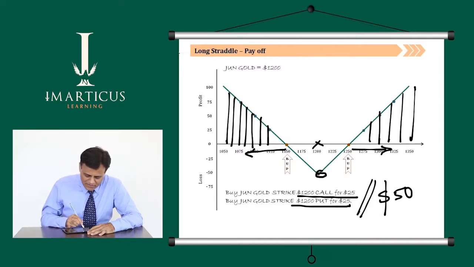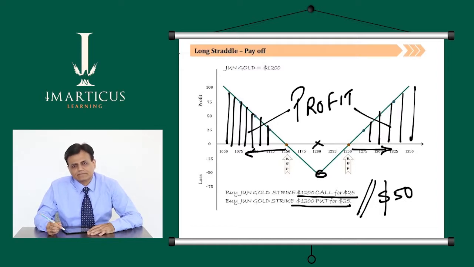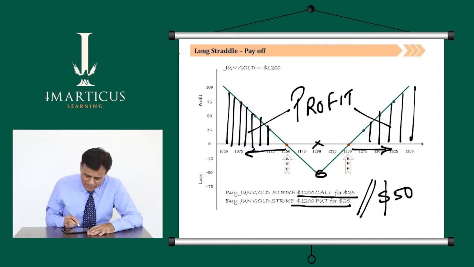So the profit potential is above $1,250 or below $1,150. However, if the prices stay between $1,150 and $1,250, we will stand to lose.